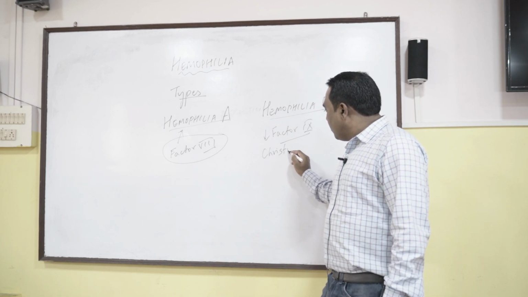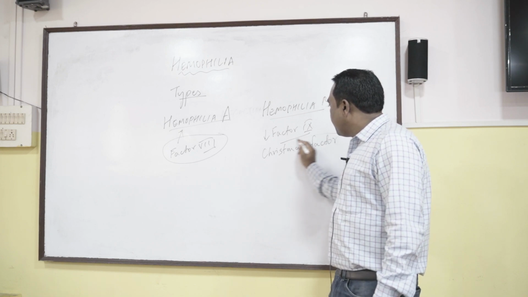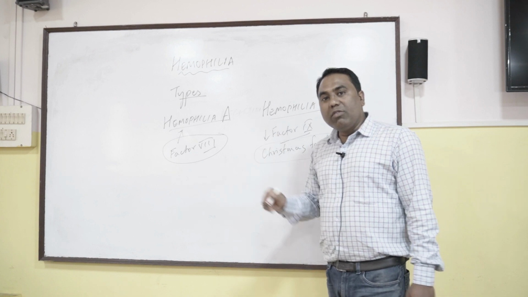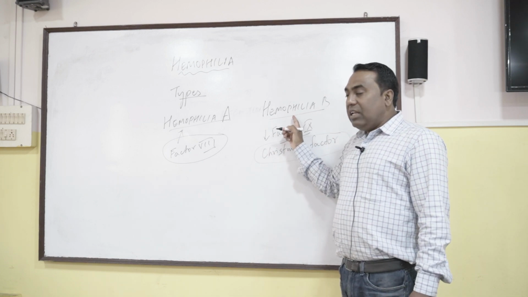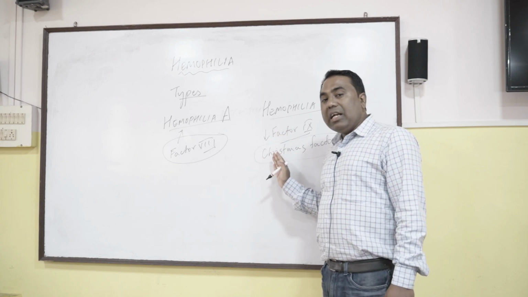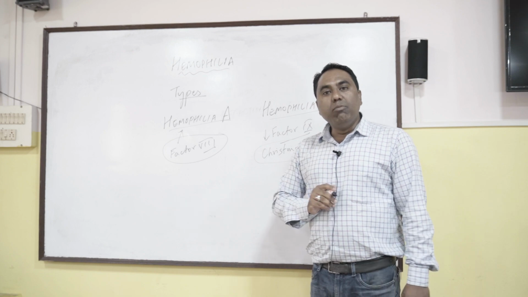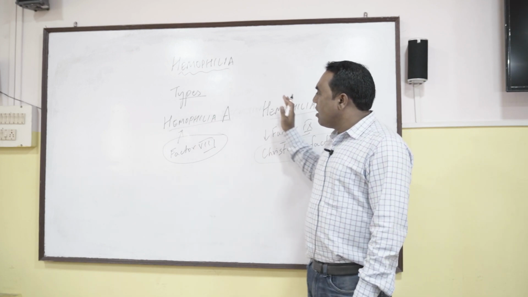It is not the festival Christmas, but it is known as the Christmas factor among the blood clotting factors. So hemophilia B can also be referred to as Christmas disease. These are the two different types of hemophilia, hemophilia A and hemophilia B.